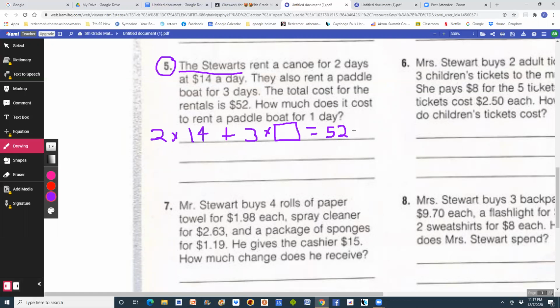Their total cost is $52, and that was the combination of 2 days of a $14 canoe plus 3 days for this paddle boat, and we don't know how much it costs each day. So here's a way without algebra that we can go about solving this. The 2 times the 14, well, that equals $28 for the canoe.